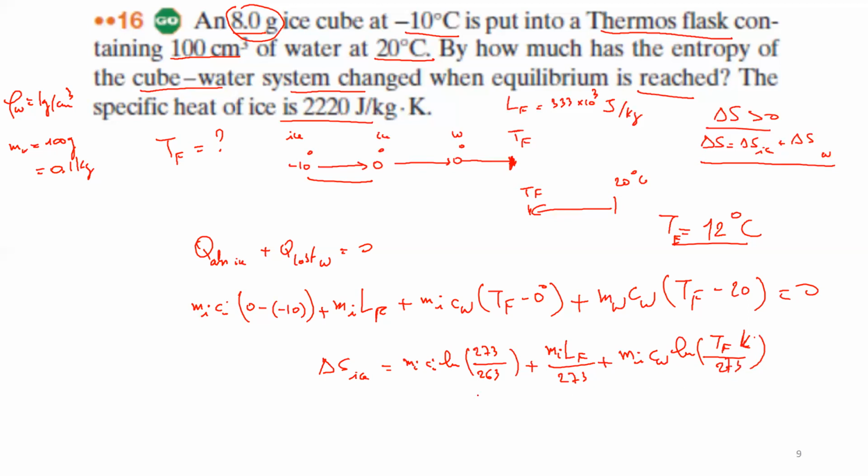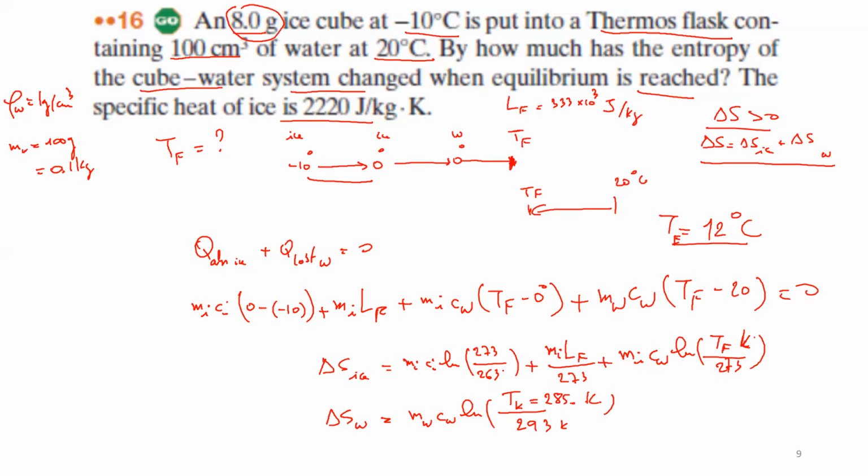Okay. And then I can do the same for water. Delta S water will give me mass water, C water, ln of T final, in Kelvin, 12 degrees, so basically 285 point something in Kelvin, divided by the initial, which is 293 Kelvin. Okay, and then you add them.